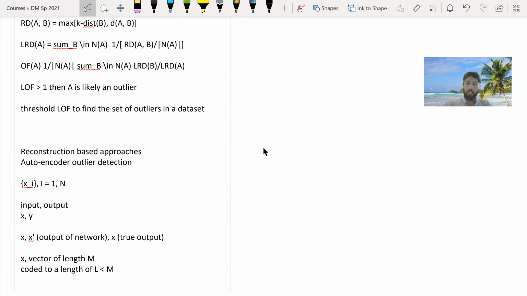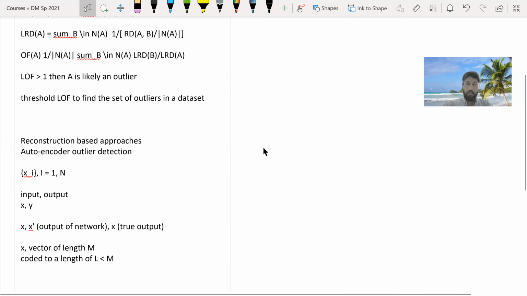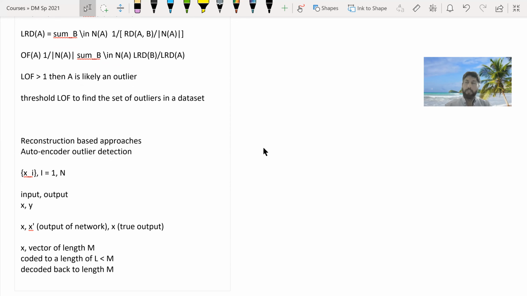So this is the coding, and then once we have the coding, we reconstruct the output again. So then it is decoded back to length m, which is the original input. Okay?